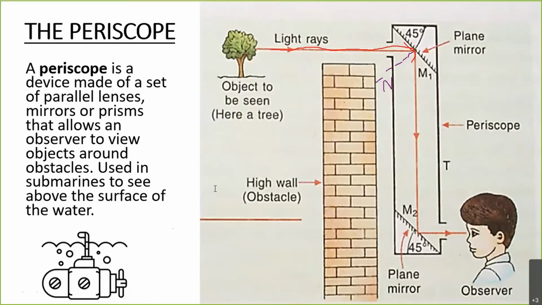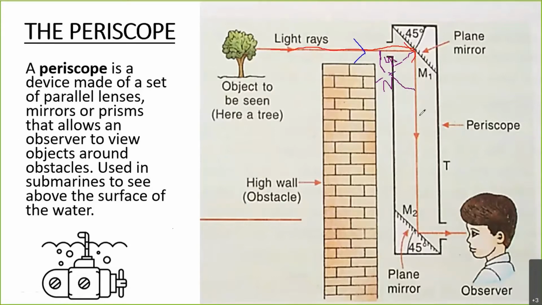Okay? So when we draw in our normal, we see that our angle of incidence right here is going to be 45 degrees, and so is our angle of reflection. The blue arrow is my incident ray.